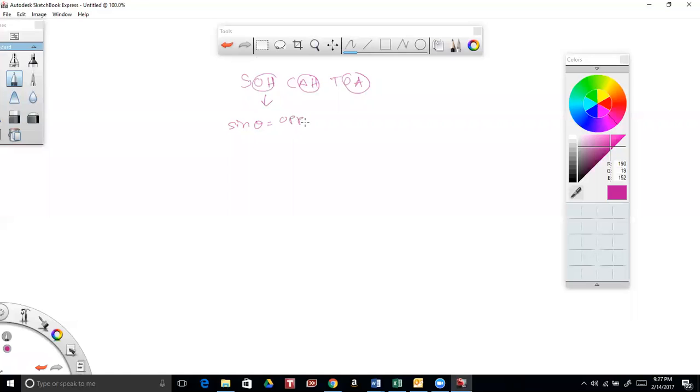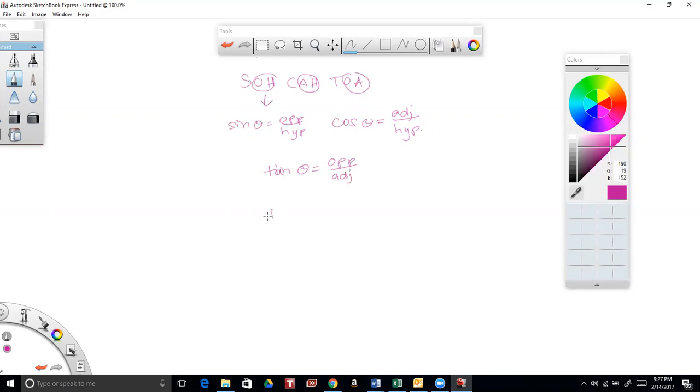to opposite over hypotenuse, and then cosine of theta is adjacent over hypotenuse, and then tangent of theta is equal to opposite over adjacent.